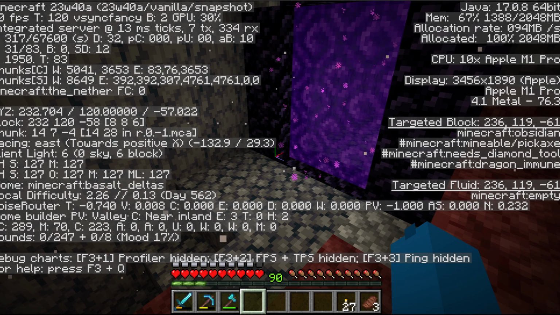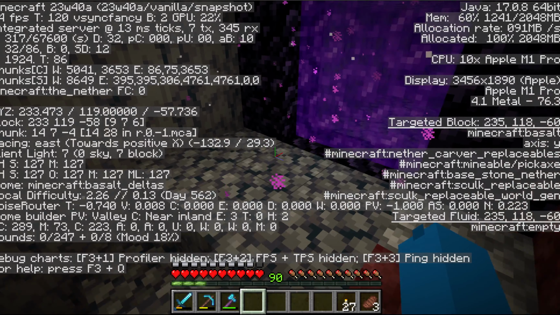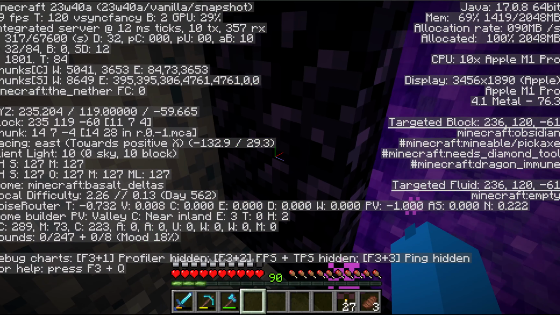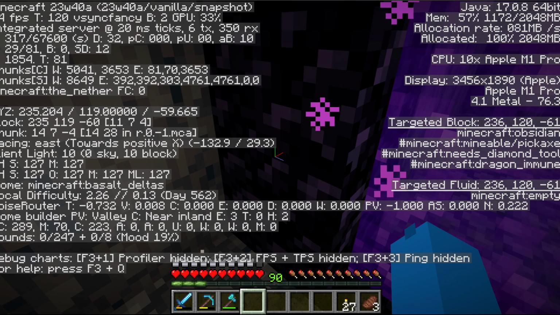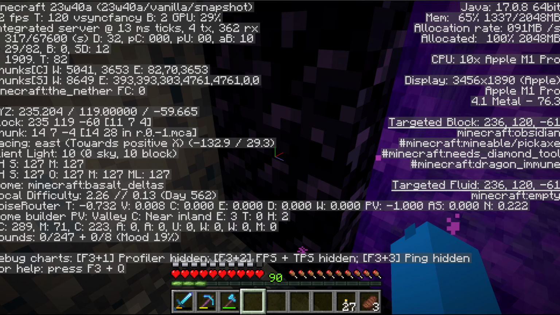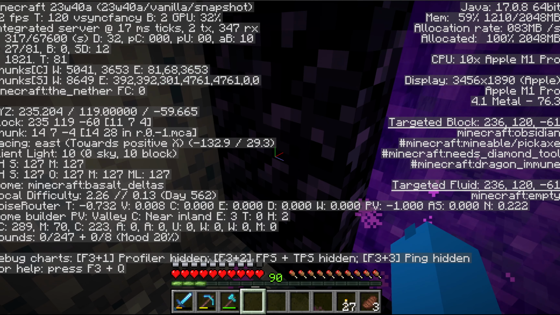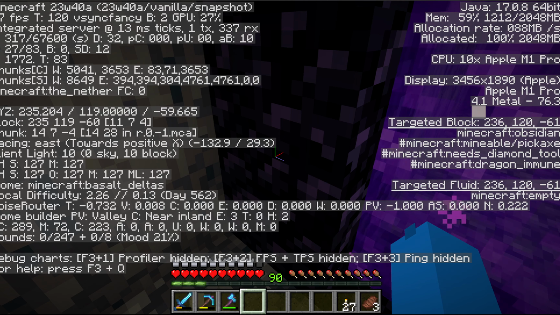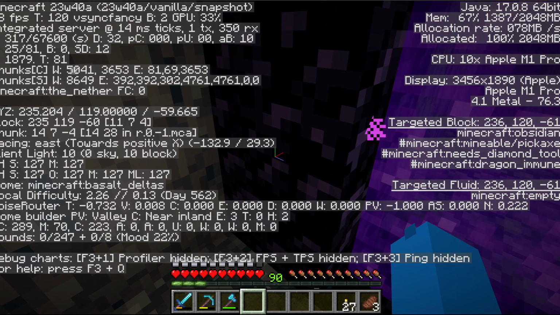With F3 on, you can see my coordinates right here, on the first line where it says XYZ. X is 235, Y is 119, and Z is negative 59.